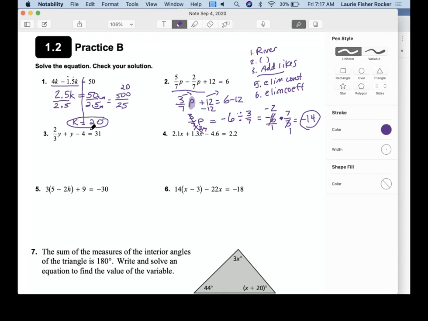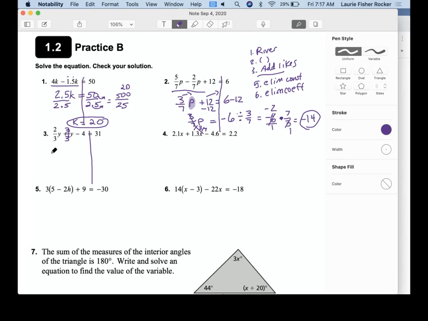All right, so I forgot a step. Let's draw the river. Okay, so 2/3 y plus 1y, write the 1 in because it is the invisible math there. So I basically get, well, if we want like denominators, we'll go 3/3. And it is a little bit easier like this, so we're going to go ahead and do that.